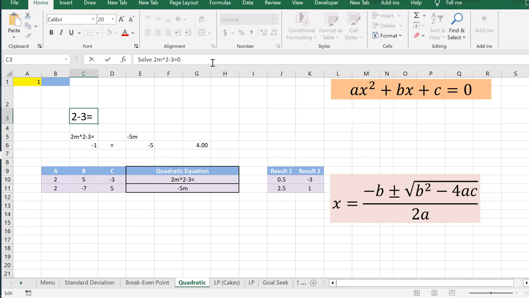So this time, instead of minus 5, because it is being moved towards the left side of the equation, from minus it is going to become plus. That's a simple algebraic notion.